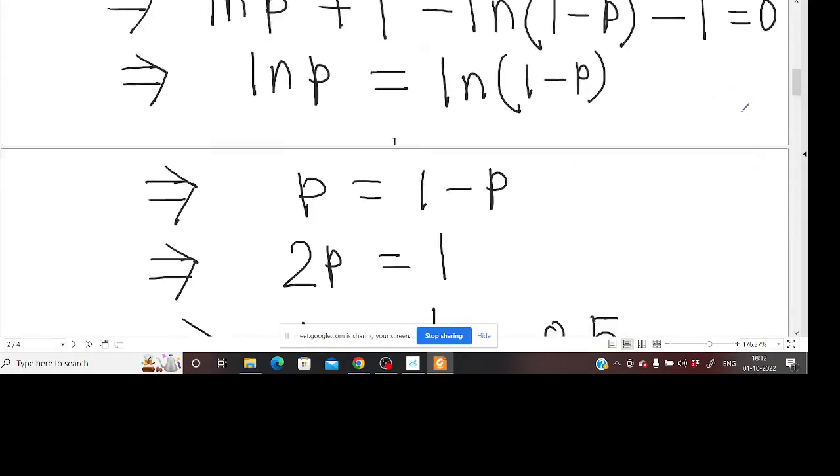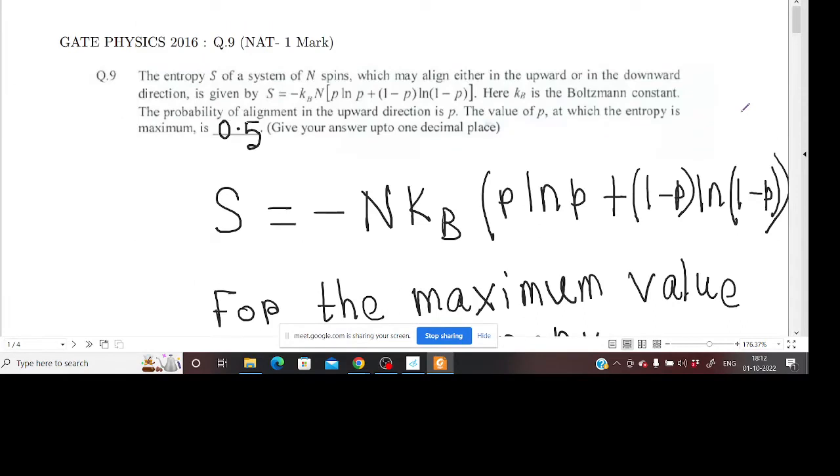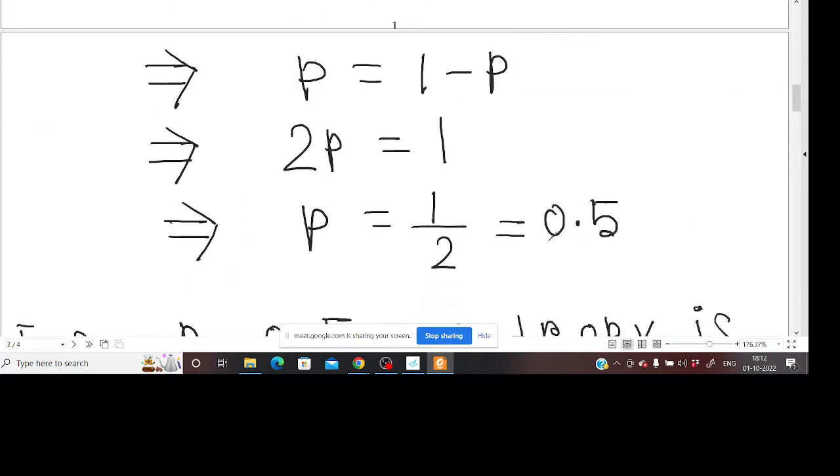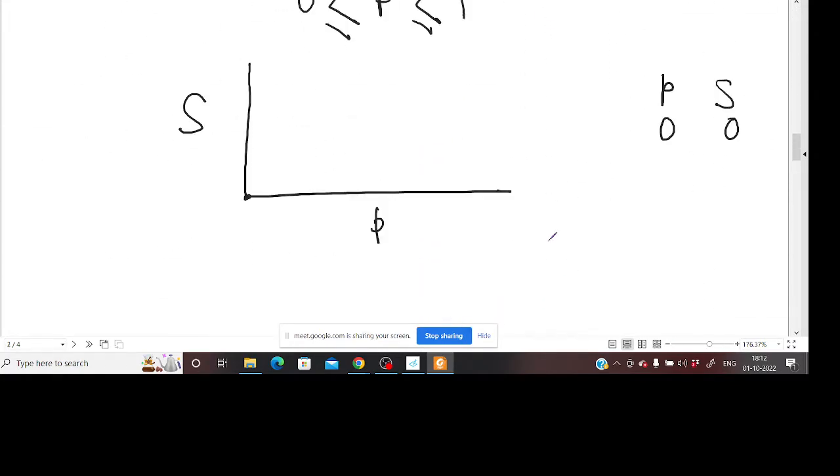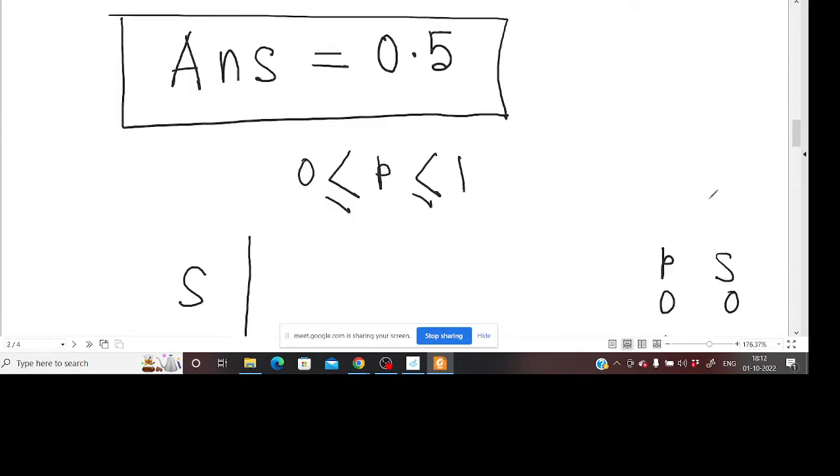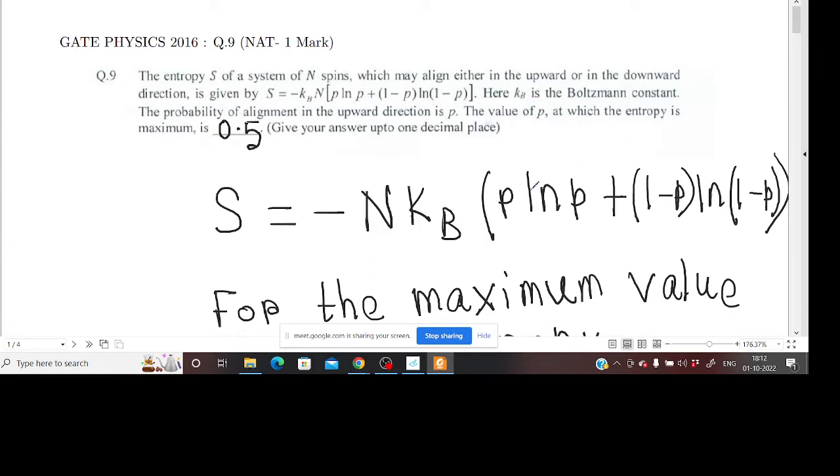Now what happens when p is equal to 1? When p is equal to 1, then the first term becomes log 1, which is 0. And what happens to the second term? 1 minus p becomes 0 when p is equal to 1.